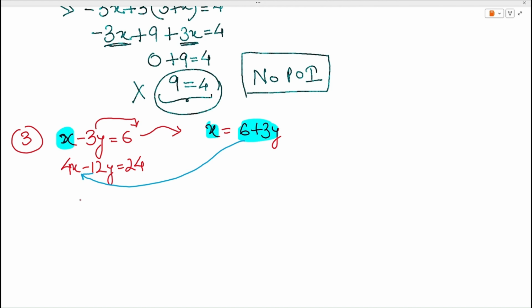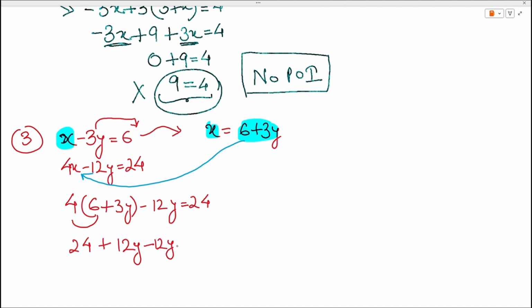We have our equation as 4 times x substituted by 6 plus 3y, minus 12y is equal to 24. Let us try solving for y. So again use the distributive property. 4 times 6 is 24 plus 4 times 3y is 12y. Subtract 12y is equal to 24.